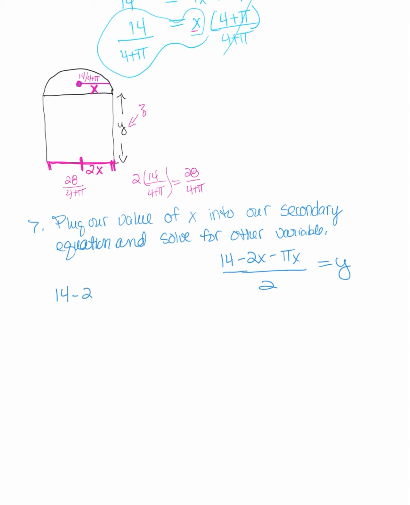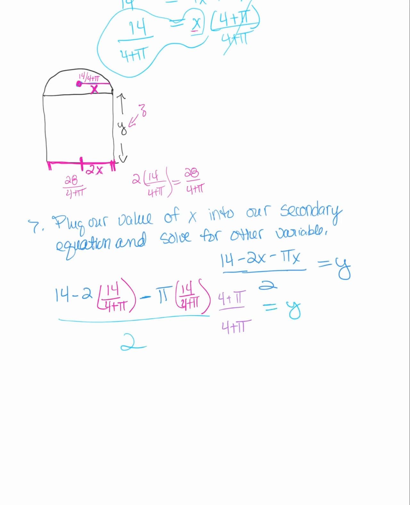So 14 minus 2 times our value of x, which we said was 14 over 4 plus pi, minus pi times x, which we said was 14 over 4 plus pi, divided by 2. Well, we need to get a common denominator. So we're going to multiply the top and the bottom by 4 plus pi, because that's the same as multiplying by 1, equals y.